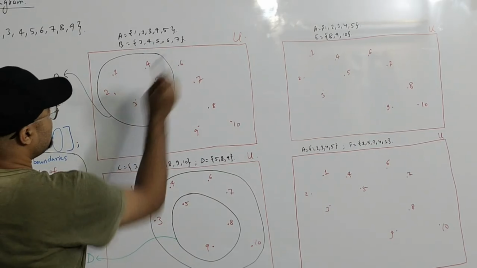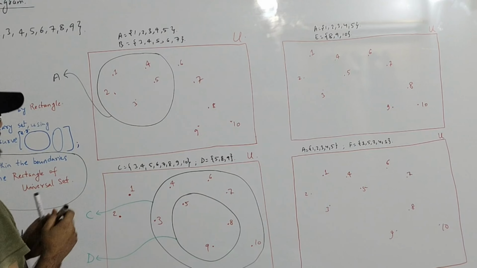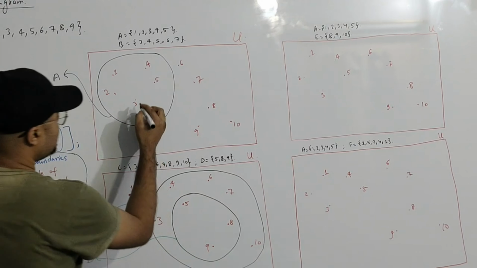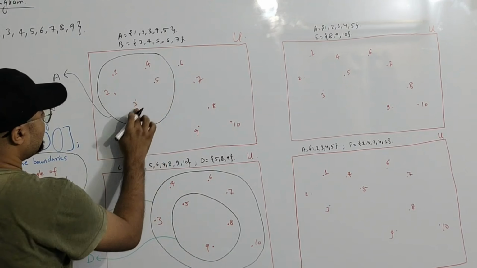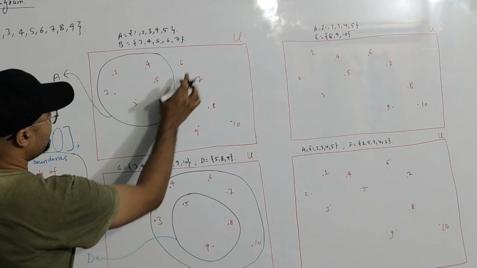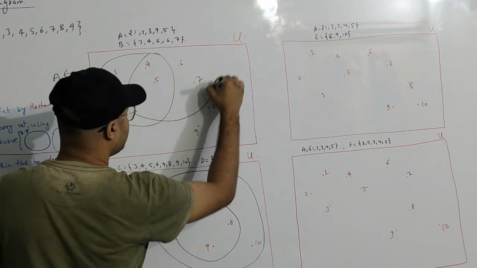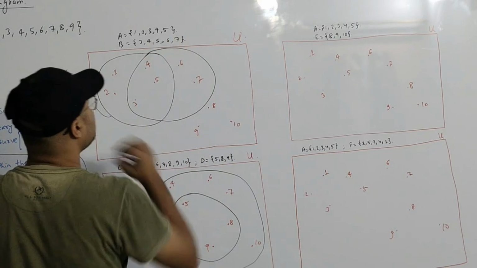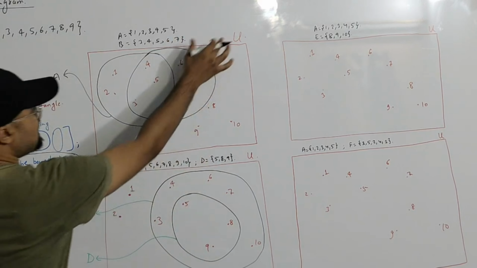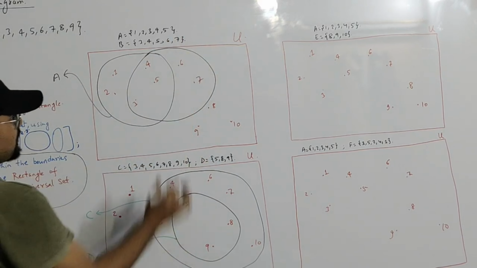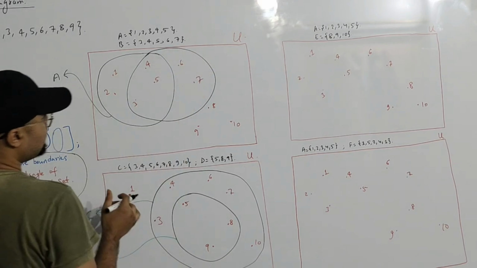B is 3, 4, 5, 6, 7. So B must include 3, must include 4, must include 5, 6 and 7. So I draw B like this. This is my B. So B is inside the universal set because B is a subset of the universal set.